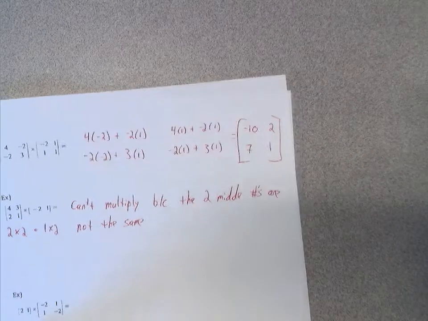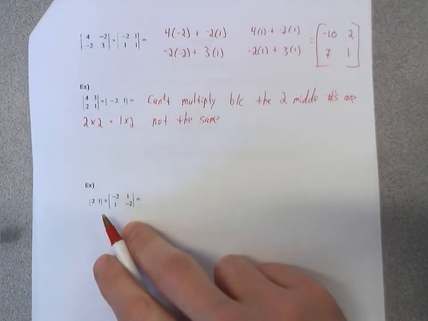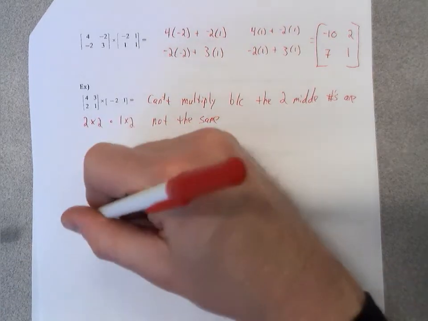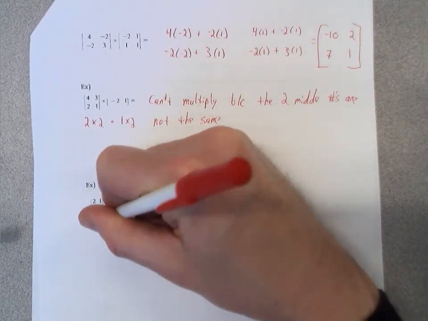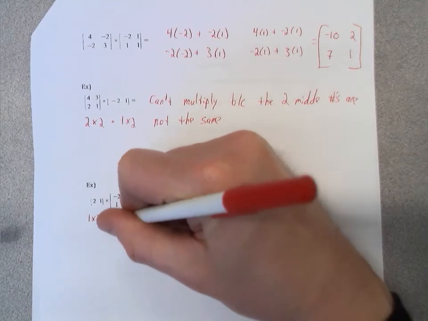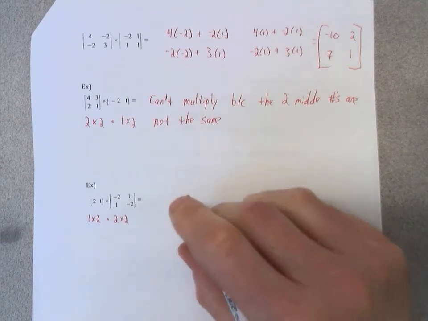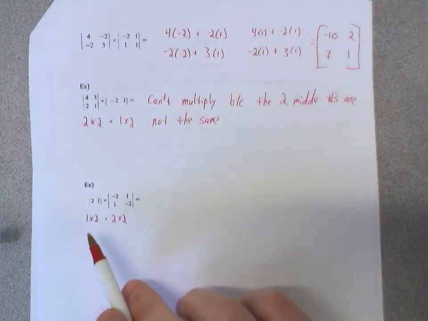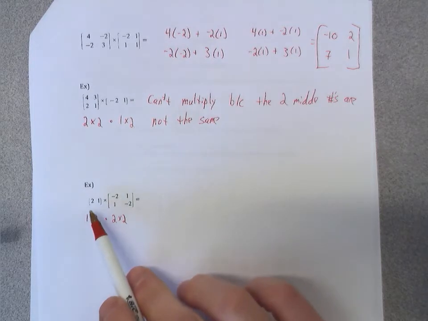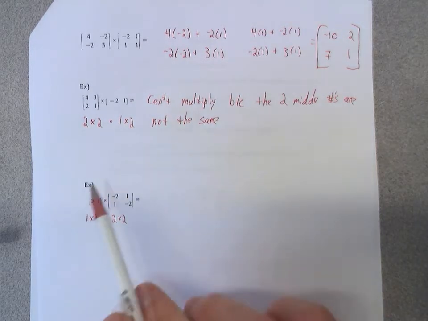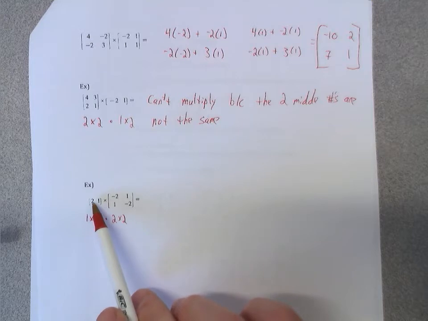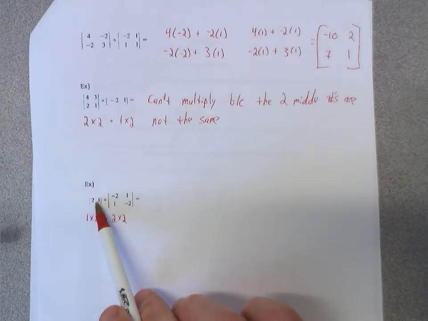Whereas down here, we've got a different situation. Now we have a 1x2 times a 2x2. This one will work because, when we're multiplying with matrices, we have to be able to multiply a row by columns.